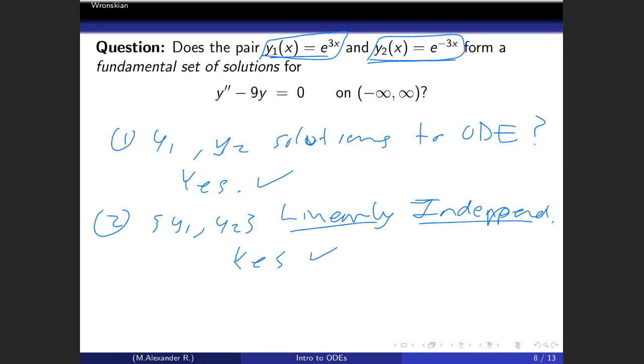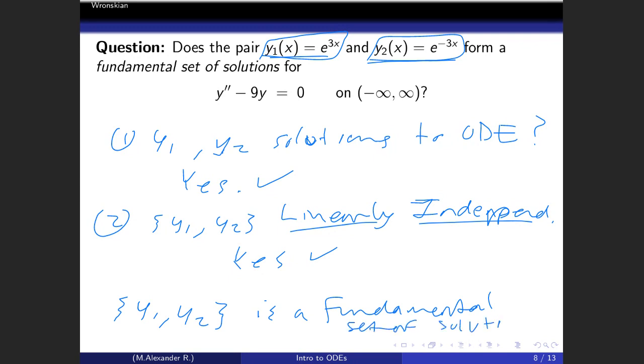And so if we say yes to those two parts, then we can say that the collection y1, y2 is a fundamental set of solutions. So a mouthful, but once you get the hang of it, you can say this over and over easily. Okay, so the answer basically is yes.